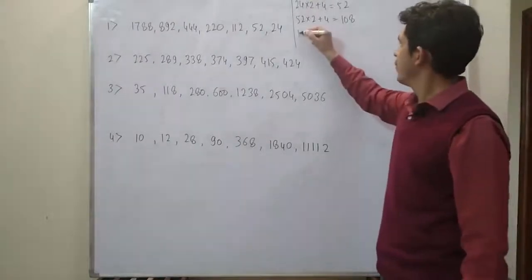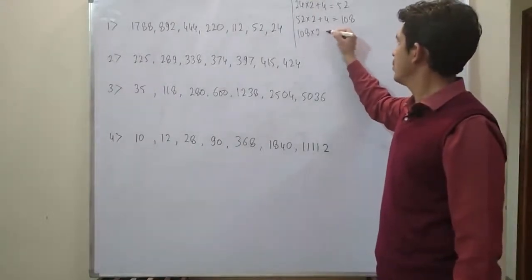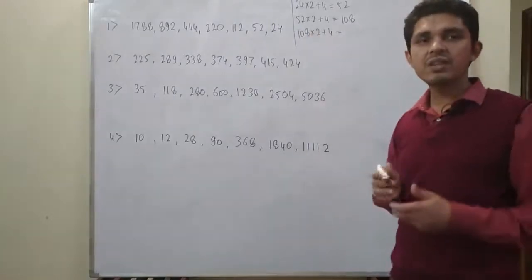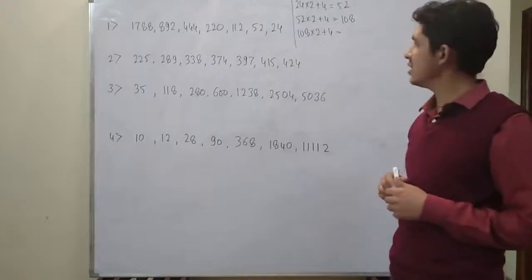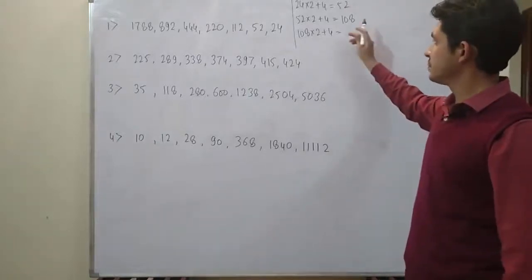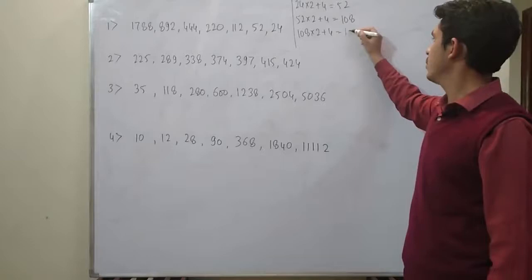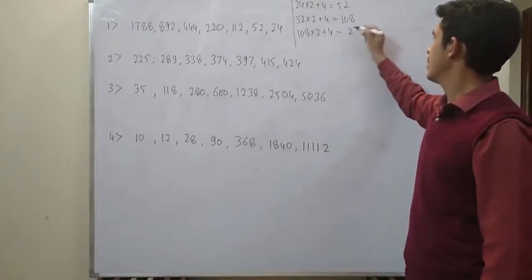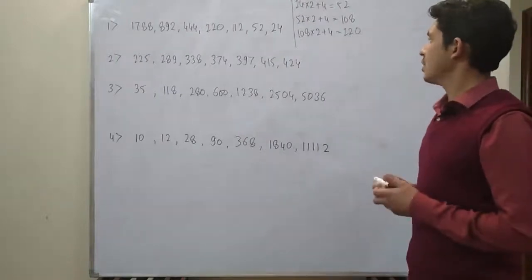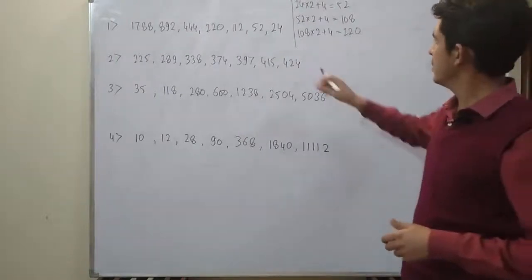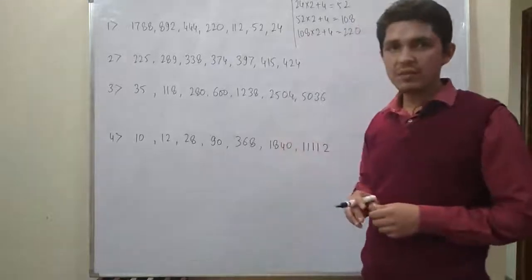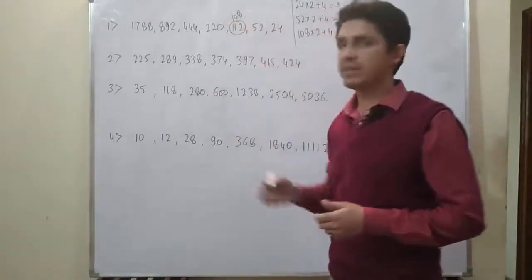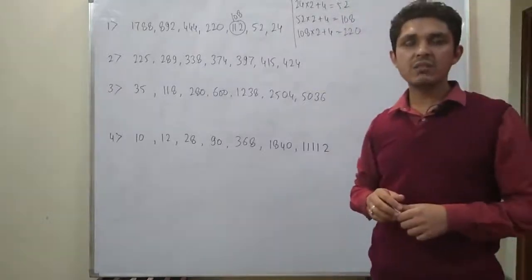Thereafter 108 multiplied by 2 plus 4, so 108 multiplied by 2 gives 216, and 216 plus 4 will be 220. So here we can say that the number 112 is wrong. It should be 108 in the place of 112, right? So I guess the concept will be clear.